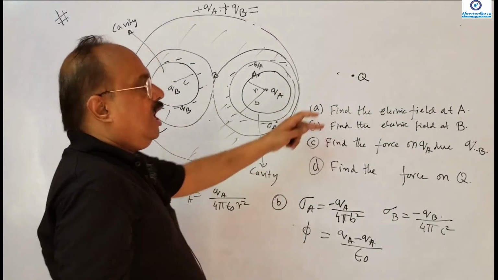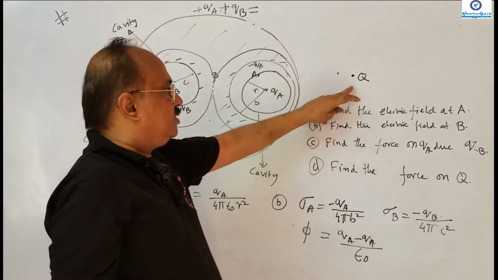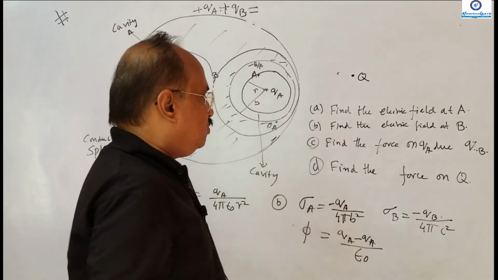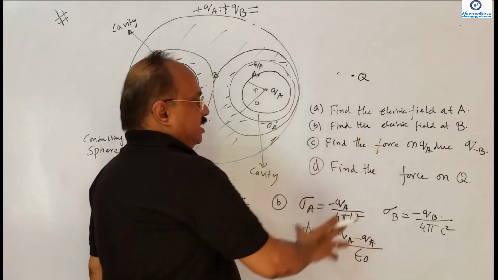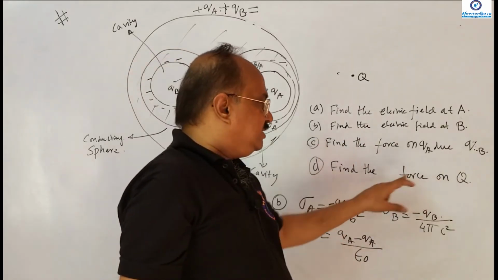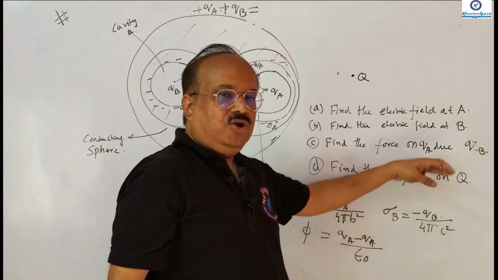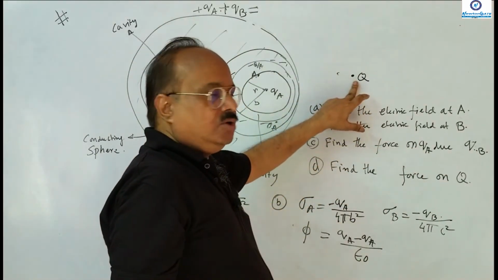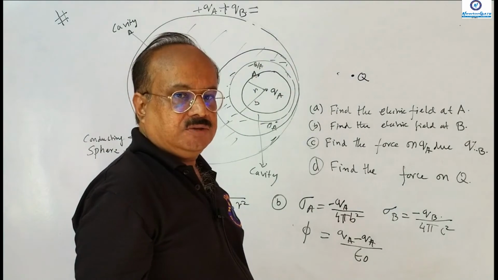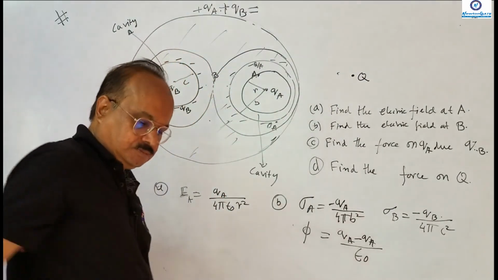It depends on how symmetrically it is being given. So I can just ask you: is there any force applied on Q due to this system? Yes, there is a force on Q due to this system. So that's all for this sum.